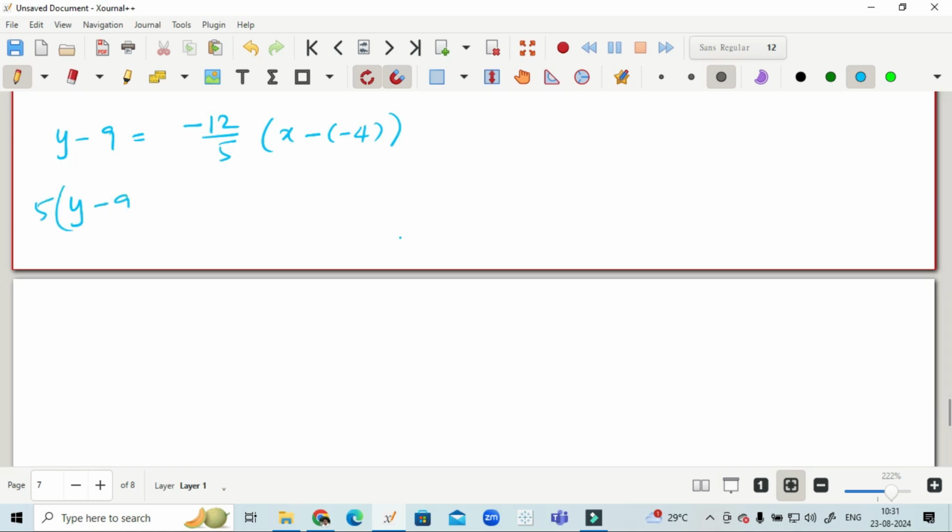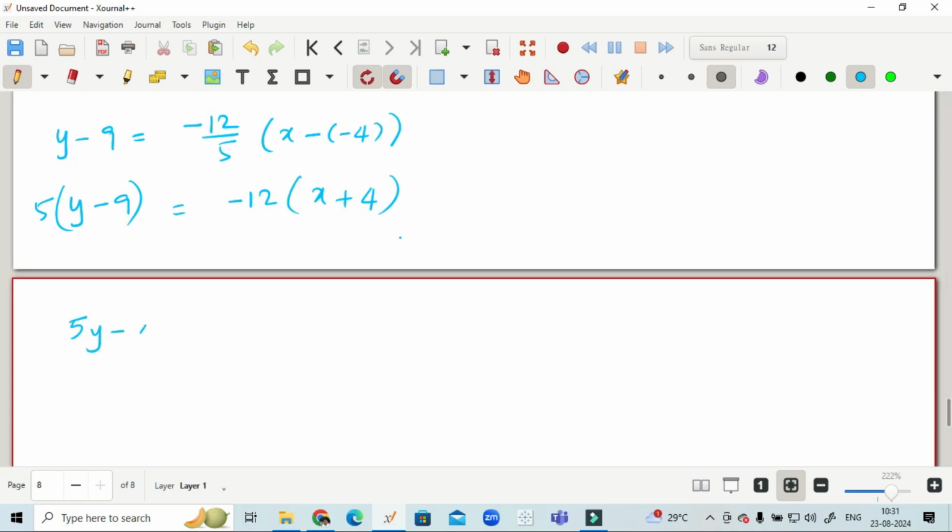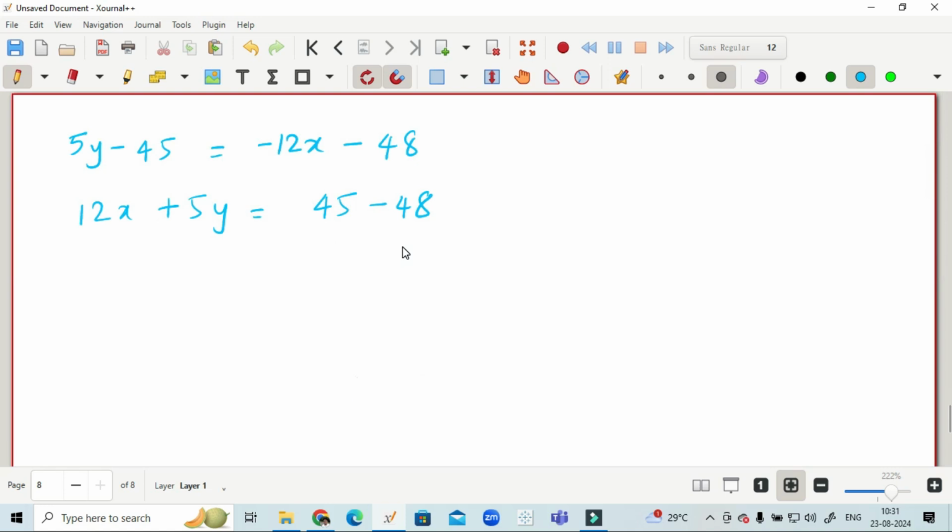Five into y minus 9 is equal to minus 12 into x plus 4. 5y minus 45 is equal to minus 12x minus 48. 12x plus 5y is equal to 45 minus 48. 12x plus 5y is equal to minus 3.